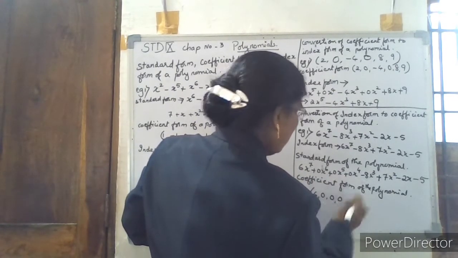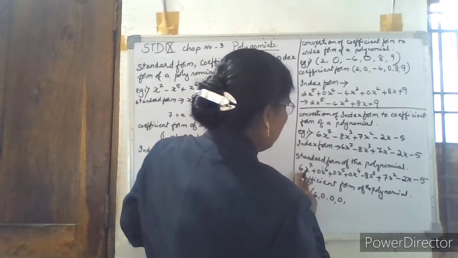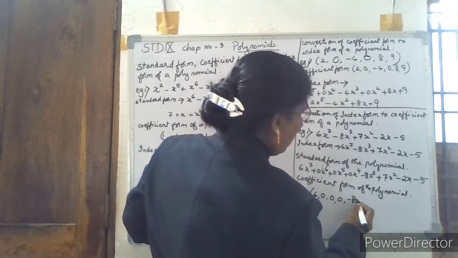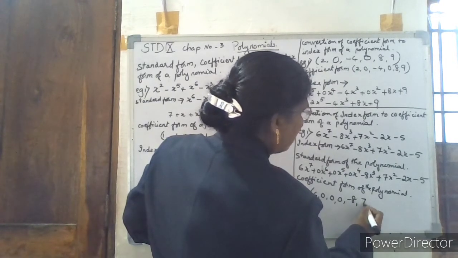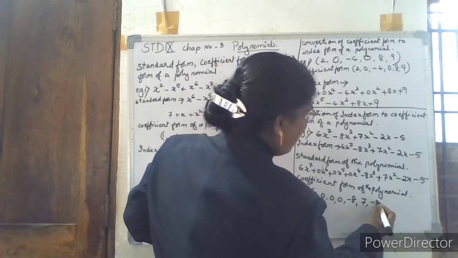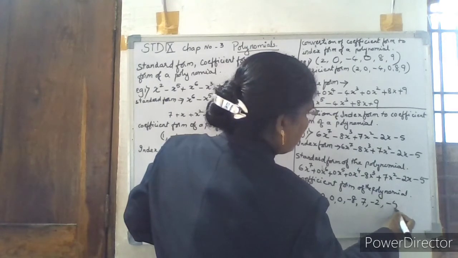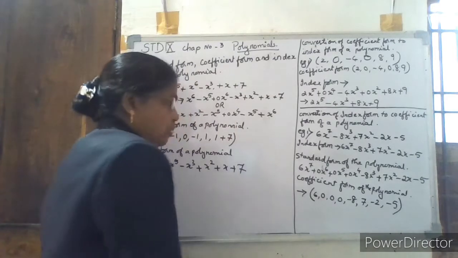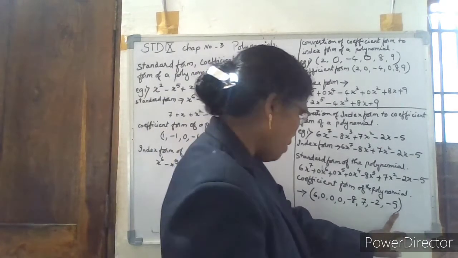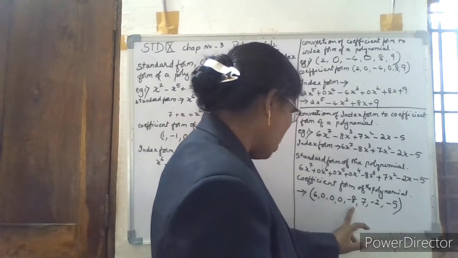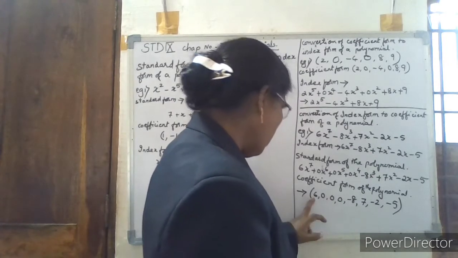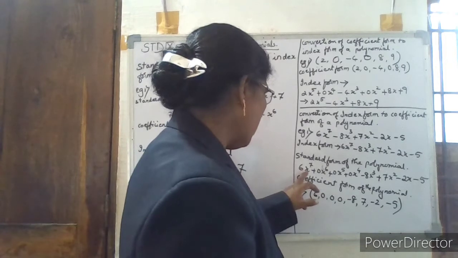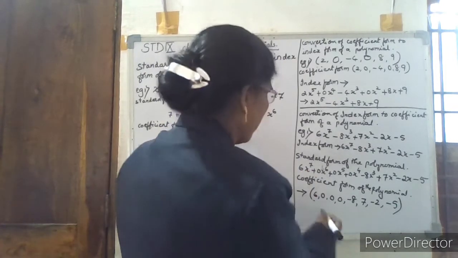Now minus 8. Then the next one is 7. Next one is minus 2. And next is the constant term minus 5. So this is the coefficient form. See, we have the powers 0, 1, 2, 3, 4, 5, 6, 7, that is 6 times x raised to 7, the highest power.